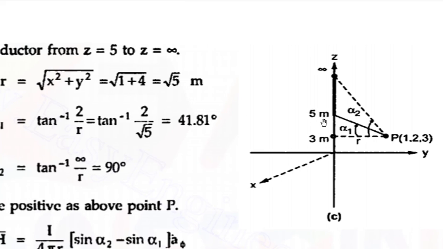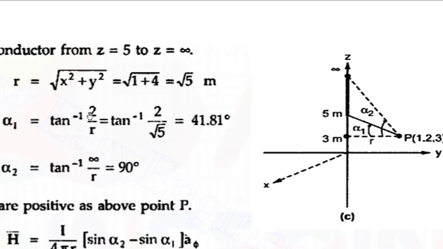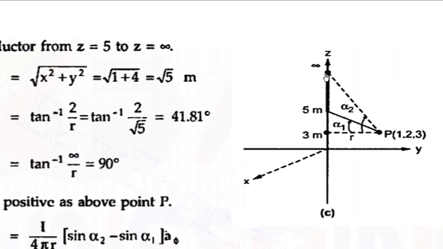See, tan alpha 1 is equal to this distance divided by R. So alpha 1 is equal to tan inverse of 2 upon R, that is tan inverse of 2 upon root 5, and alpha 1 comes out to be 41.81 degrees. Right. Then what is alpha 2? Alpha 2 is the upper angle and it is at infinity.